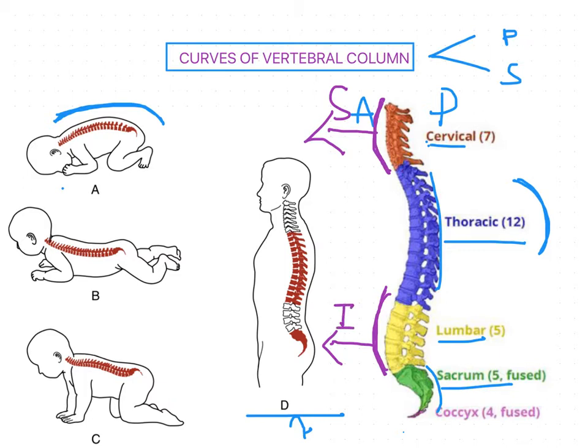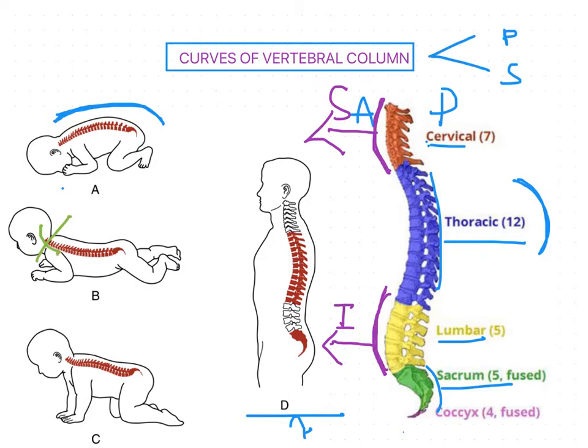Here we can find the superior secondary curve. The superior secondary curve is formed when the baby begins to hold his head against gravity.